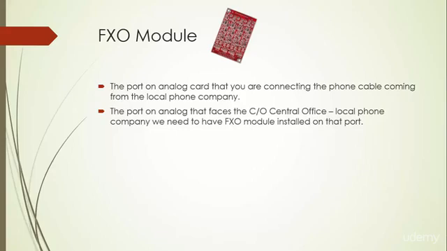The port on analog card that faces the CO. Sometimes the local phone company, the one that gives you the phone connectivity, is also known as CO or central office. We need to have FXO module installed on that port.